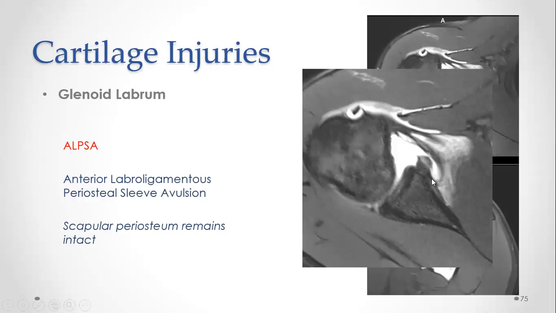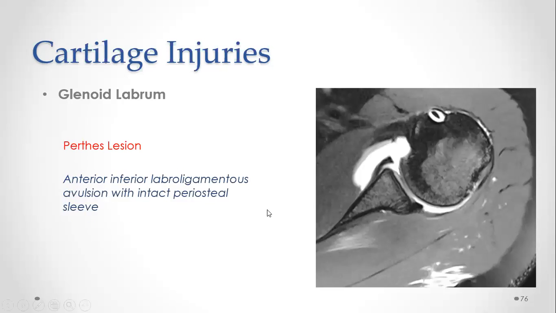So this is ALPSA lesion, which stands for anterior labroligamentous periosteal sleeve avulsion. Perthes lesion is an anteroinferior labral detachment with intact periosteal sleeve. This is a Perthes lesion, and all these studies are arthrographic studies.